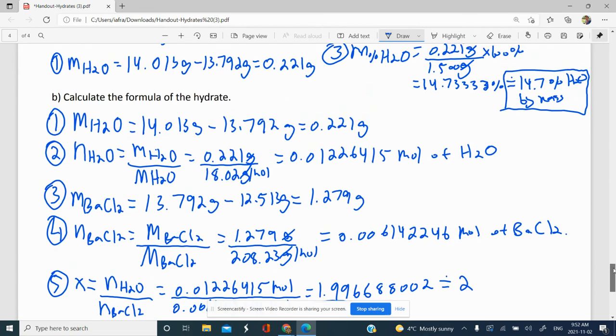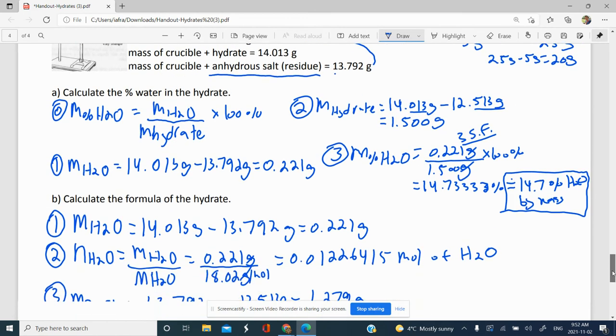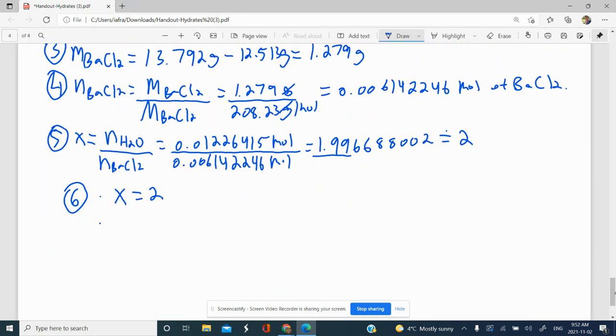So what did we just figure out? Well, a couple things. Step 6, we know X is equal to 2. So our formula, we said it was a barium chloride hydrate. So our formula is going to be barium chloride, BaCl2·2H2O, because we found that X value. And if we want to name this, we could say barium chloride dihydrate.